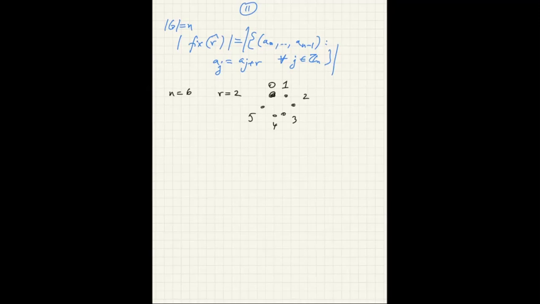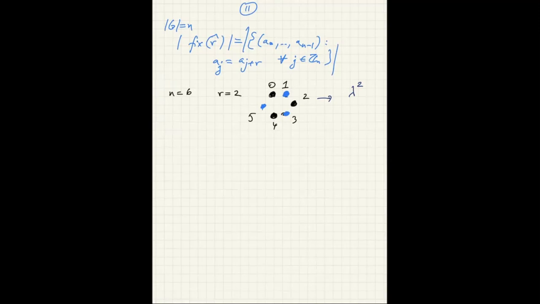The choice that we have for 0: A0 has to be equal to A2 and has to be equal to A4. And A1 has to be equal to this one and to this one. So in this situation, you see that the number of such tuples is going to be lambda to the power 2, because you can pick the black and the blue, each of them in lambda ways.